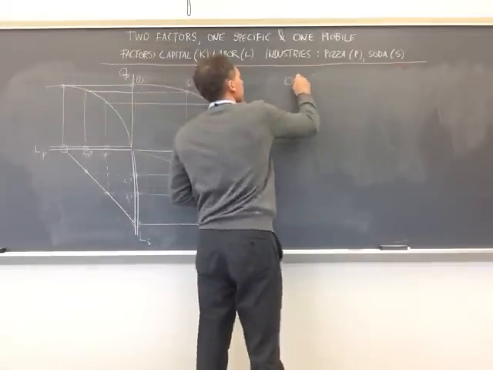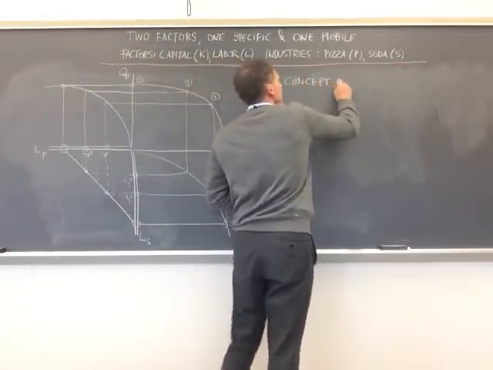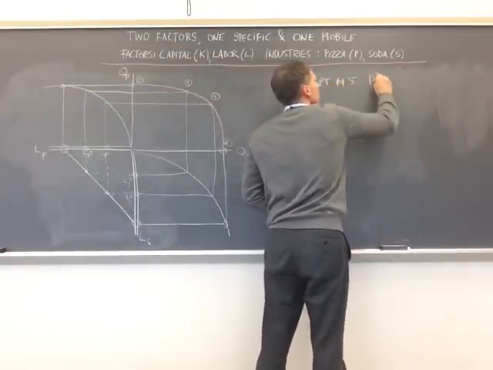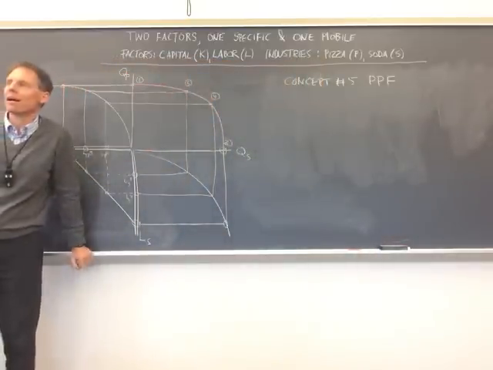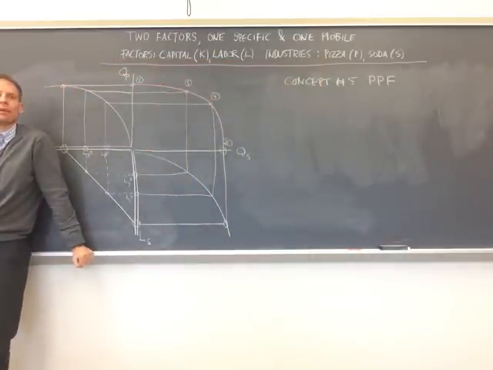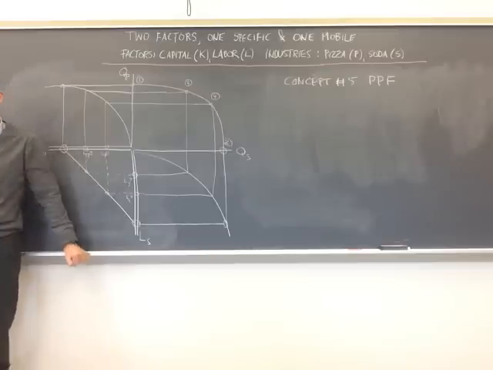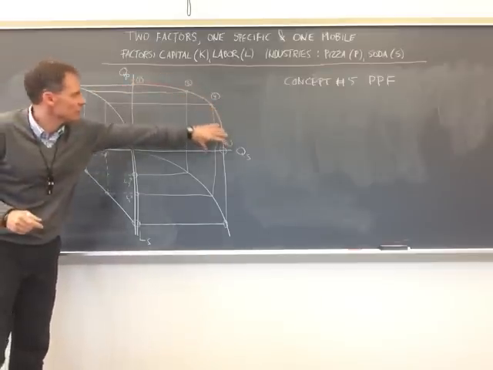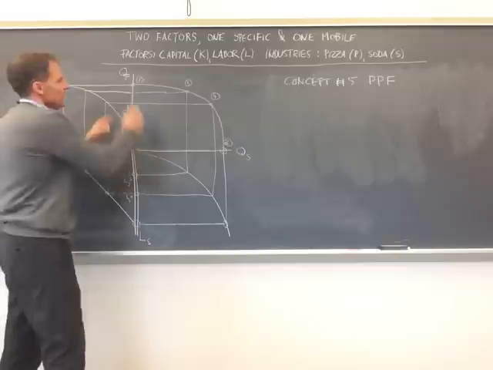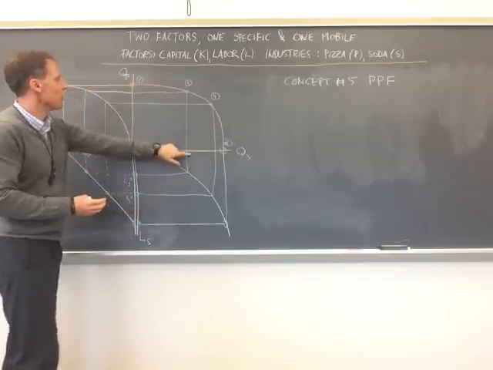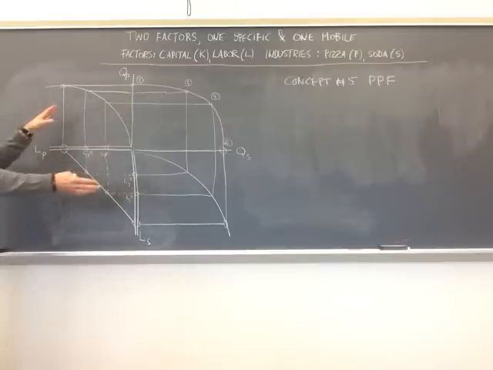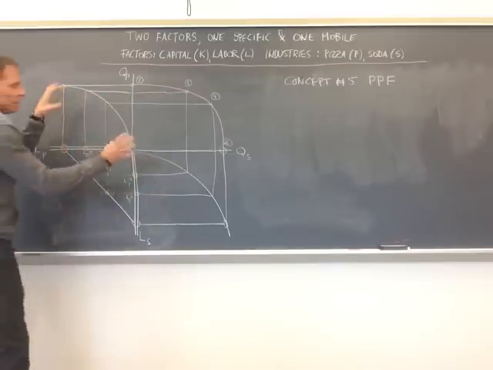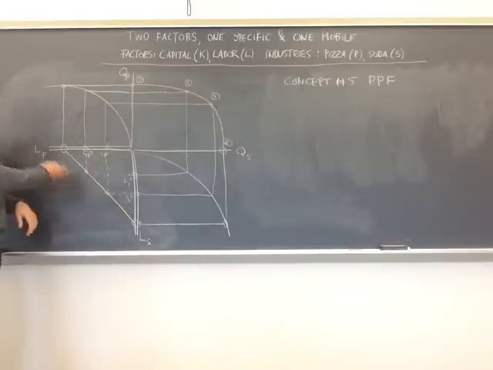That curve is tracing out our concept number 5, which is the production possibilities frontier, the PPF. You look at this red curve and you see that each point shows a combination of soda and pizza that this economy can produce given its technology, its capital, and its labor resource.